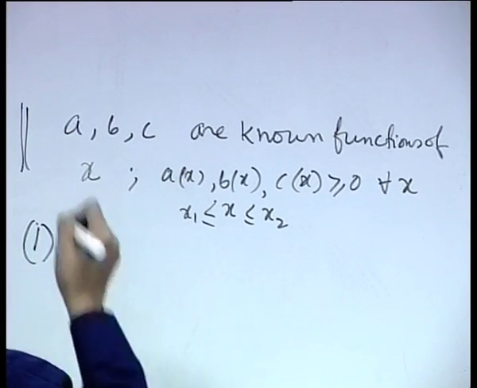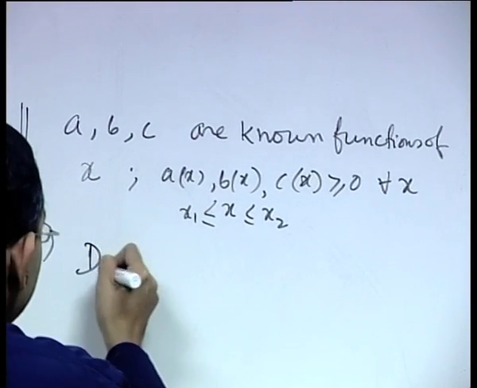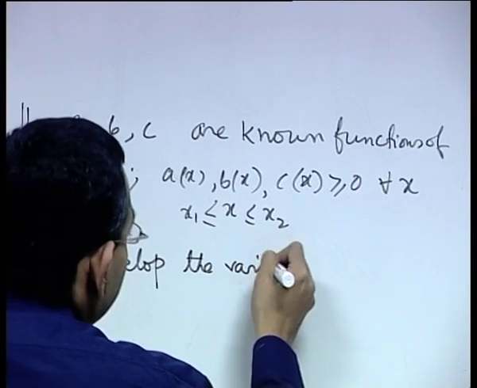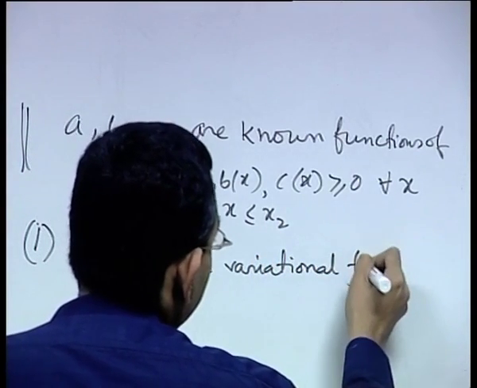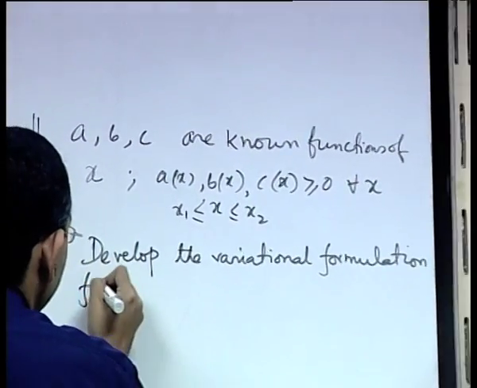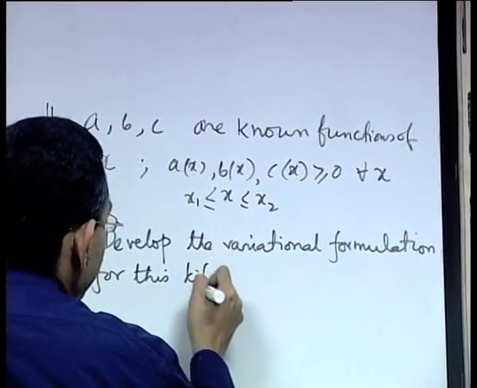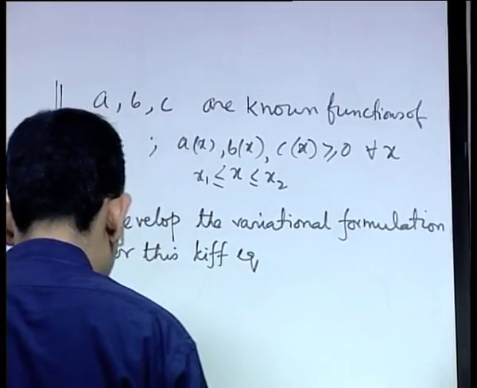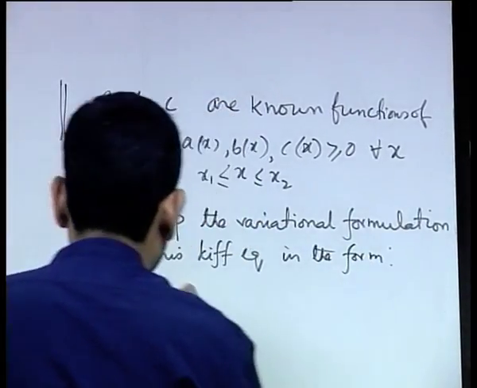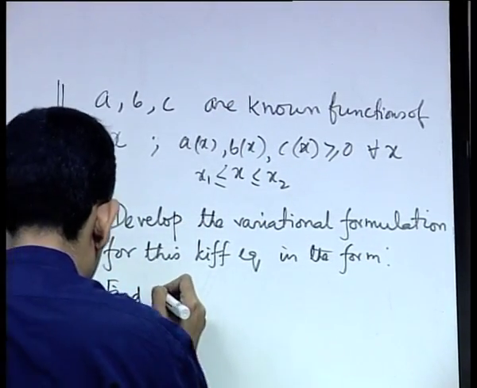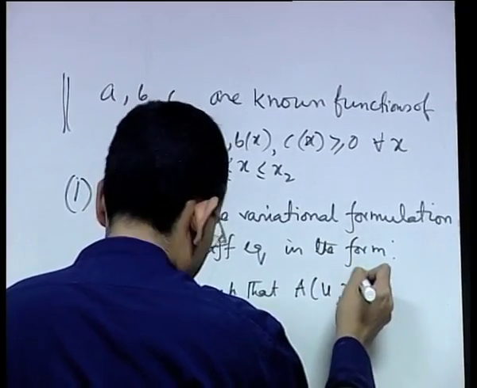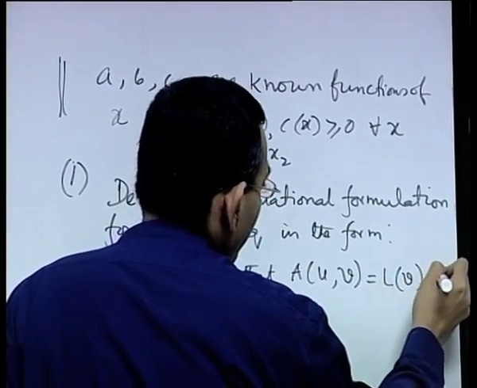The first part of the question is: develop the variational formulation for the above differential equation, for this differential equation, in the form: find u such that A(u,v) is equal to L(v) for all v.